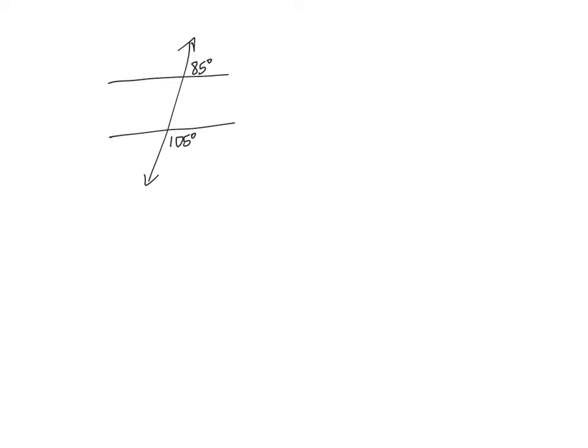Is there enough information to show that these two... Oh, I shouldn't have used that. Let me change that to 95. Is there enough information to show that these are parallel?